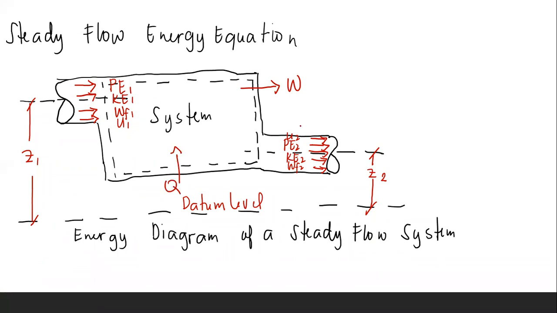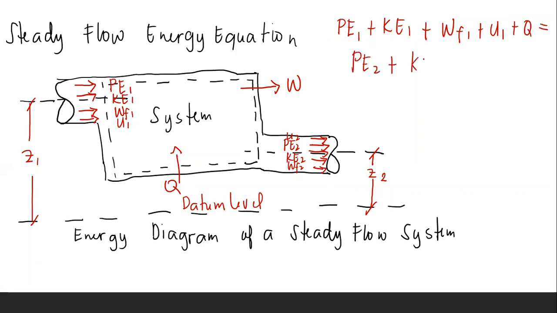From that given equation, we can form an equation. Entering, we have PE1 plus KE1 plus flow work 1 plus U1 plus the heat is equal to PE2 plus KE2 plus flow work 2 plus U2 plus the work.